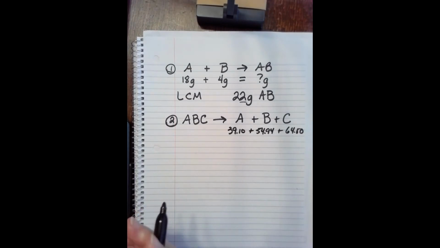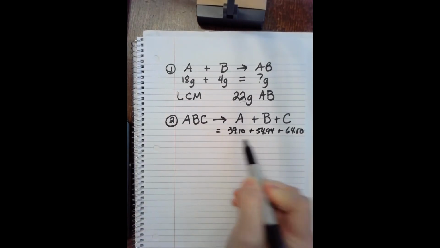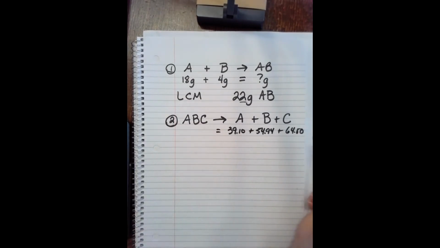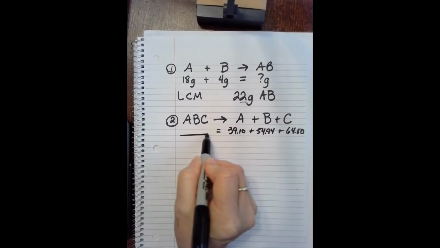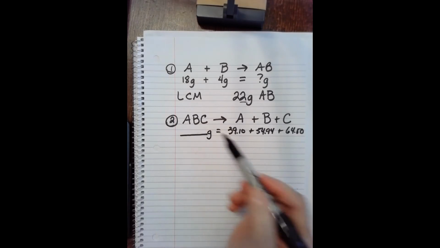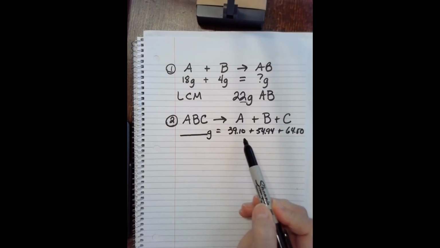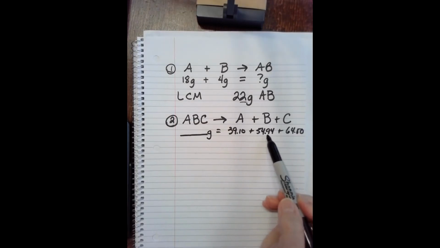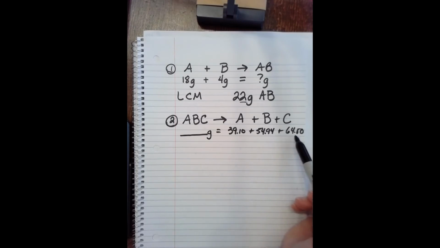So we can see that if ABC broke up into those masses, then the mass that we started with, the compound ABC, has to be 39.1 plus 54.94 plus 64.5. Oh, sorry, that's 65.00, right?